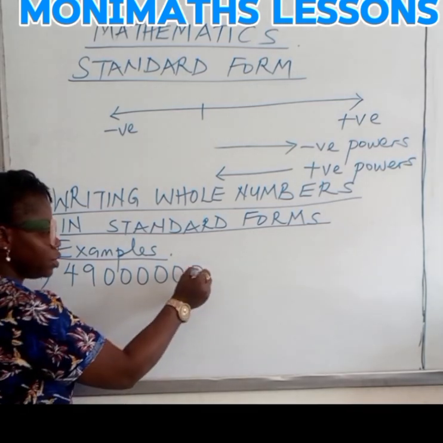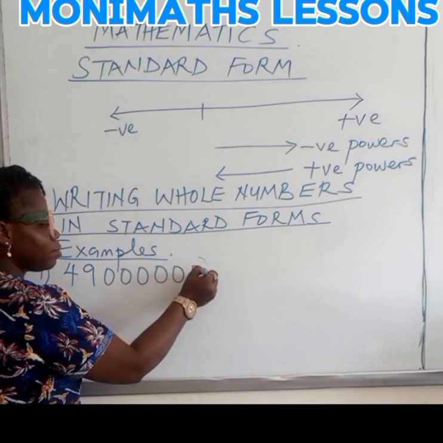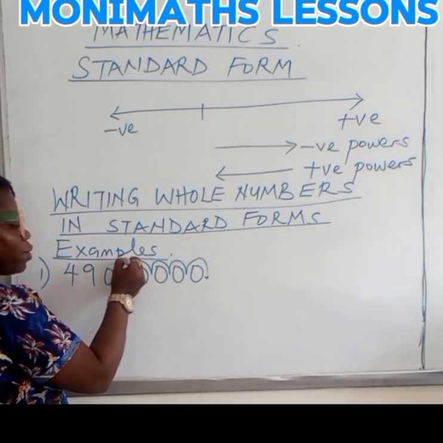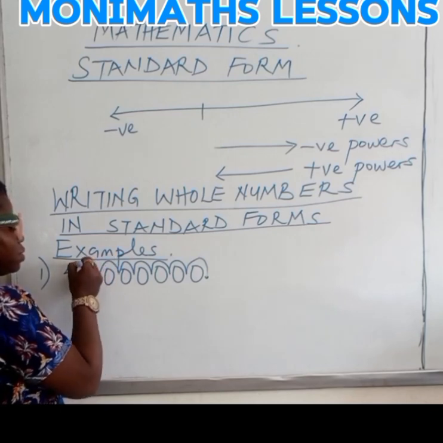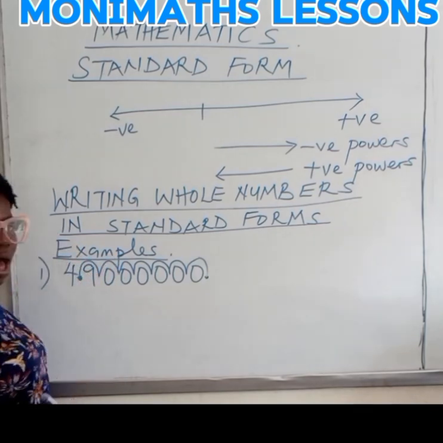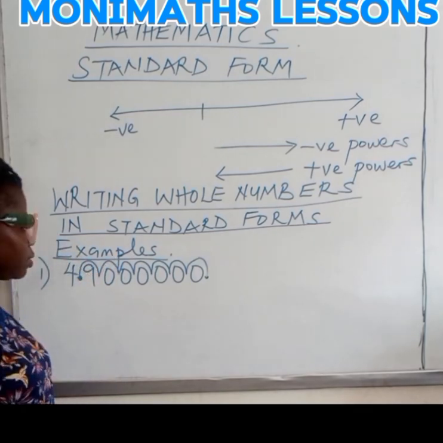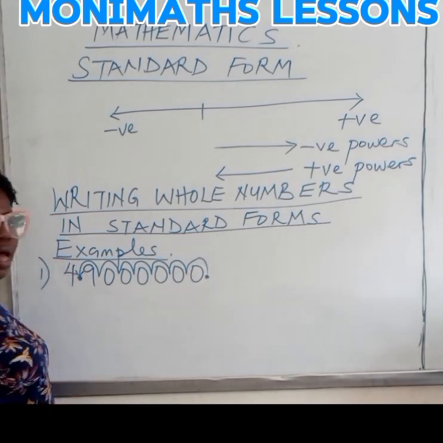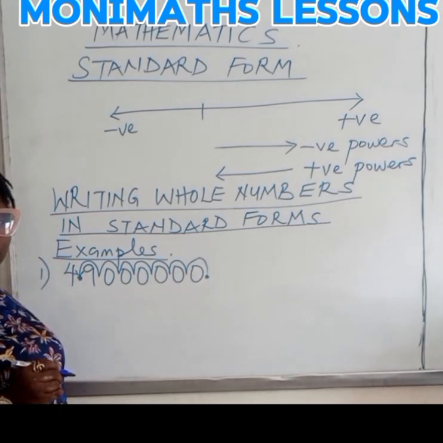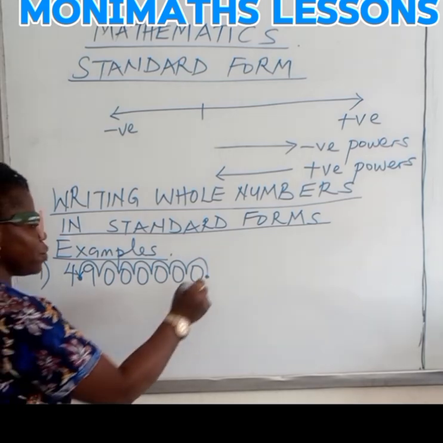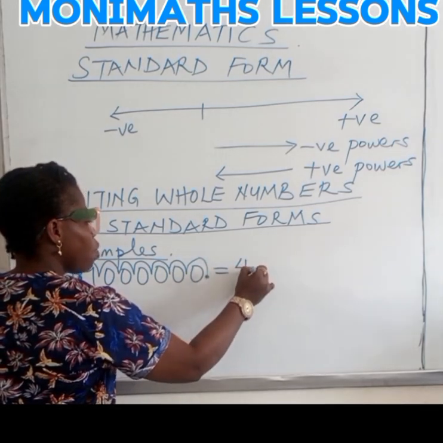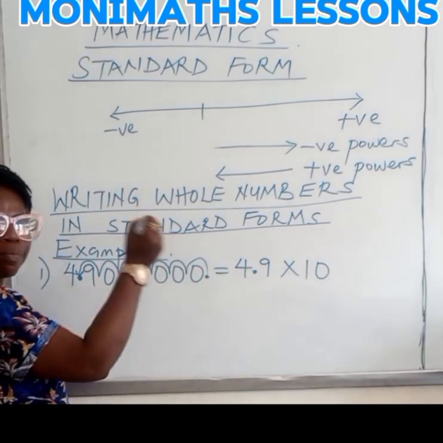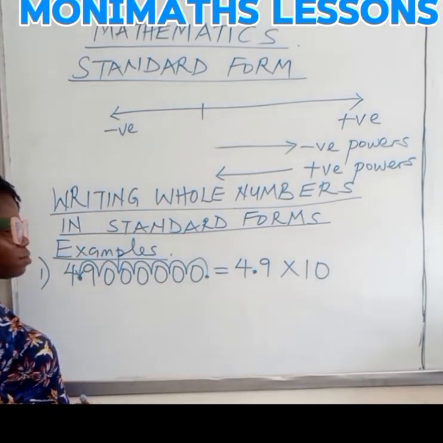So let us move. In this case, I move from here. 1, 2, 3, 4, 5, 6, 7. So I have been able to move my decimal point from here to here so that I can write my 49 million in standard form as 4.9 times 10 raised to the power, the number of times you moved the decimal point.